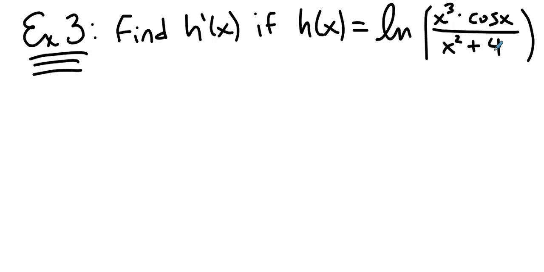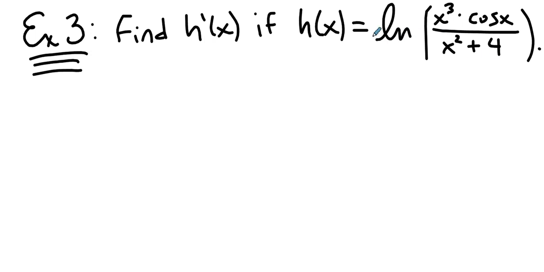Well, then that's going to be a pain, isn't it? Like, that's just a pain. So what would we do? We'd do 1 over this times the derivative of this. Well, golly, nobody wants to do that.